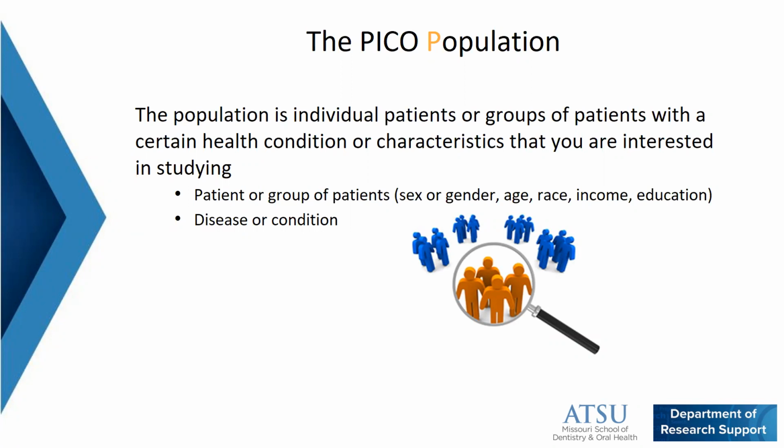So it could be a certain sex group, certain gender, or a certain age group that you're interested in, or maybe some racial group, or people in a certain income group, or people of different education levels. It could also be patients with a certain disease or a health condition. For example, patients with removable partial dentures. You want to know certain characteristics of them, so that becomes your population.